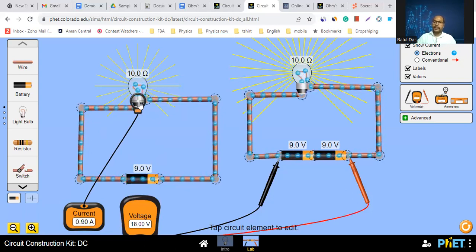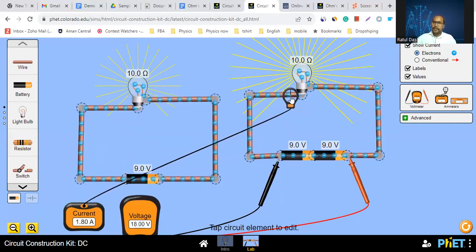We can visualize the increase of current by seeing the glow of the bulb. More electric current, bulb will glow more. So for the second case, there is more potential and more current, so the bulb is glowing more. Okay, fine.